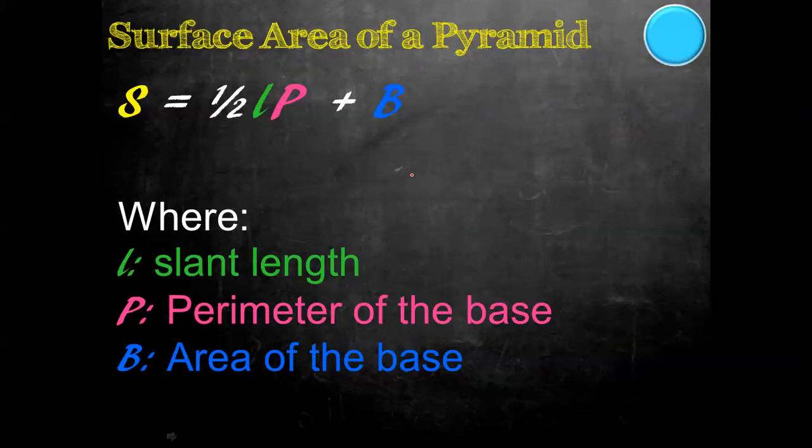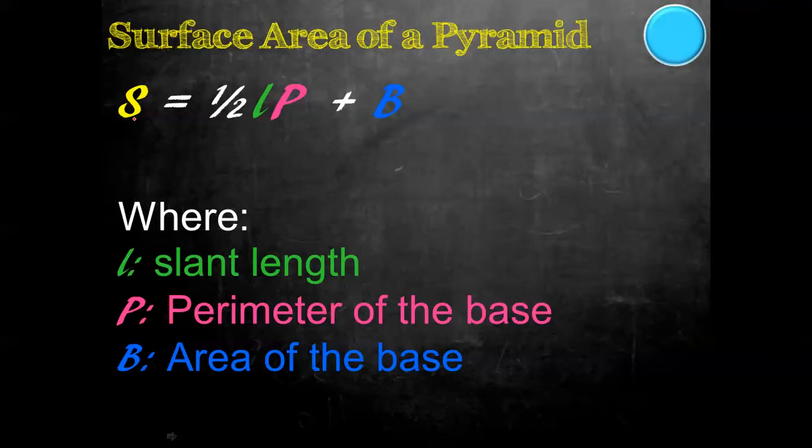Now we're going to talk about the surface area of a pyramid. The surface area of a pyramid is a little different formula than the surface area we've been talking about earlier, which was the surface area of prisms.